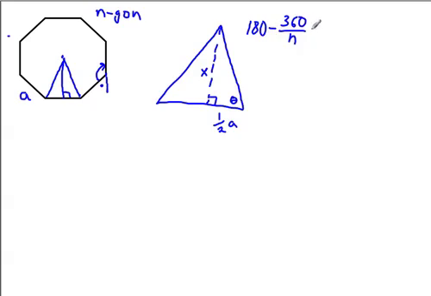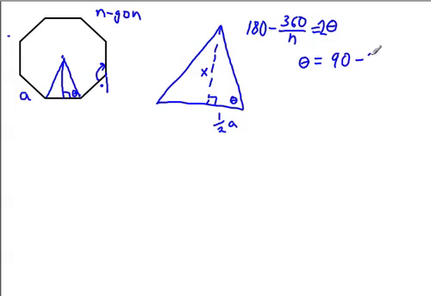So that is equal to theta. Actually, that doesn't equal theta. Theta is half of the interior angle of the regular polygon. So the interior angle is twice theta, and theta is going to be half of that.